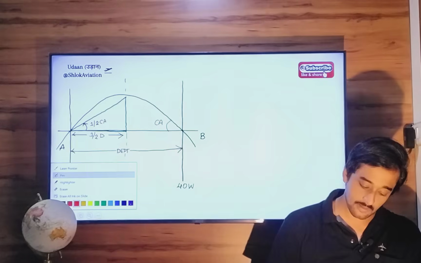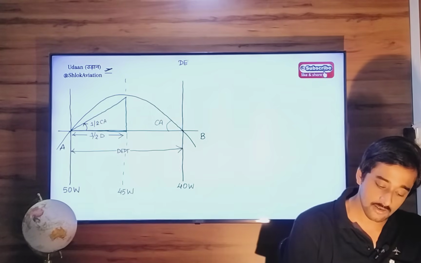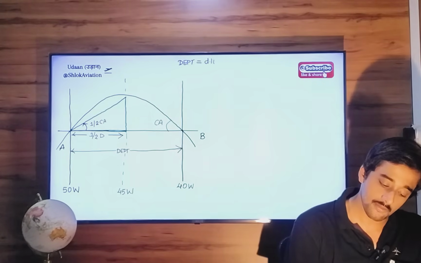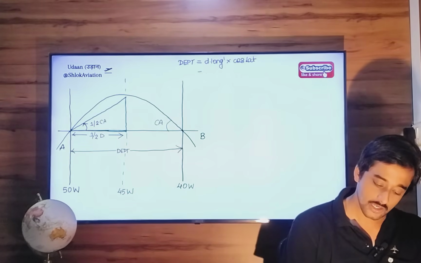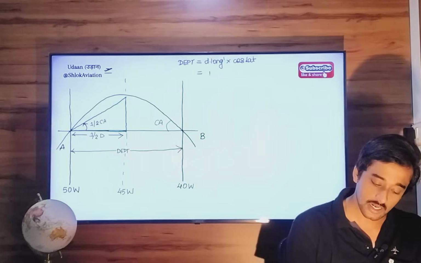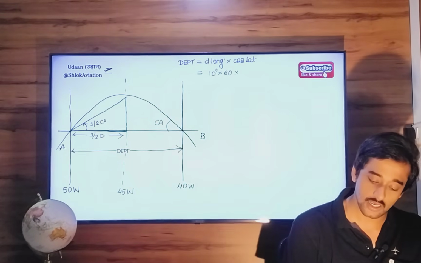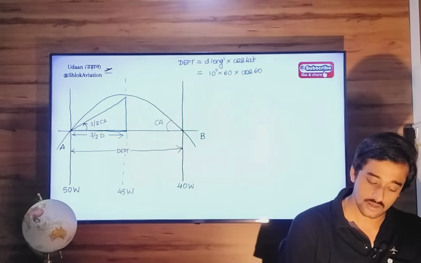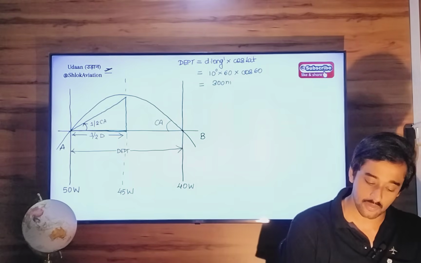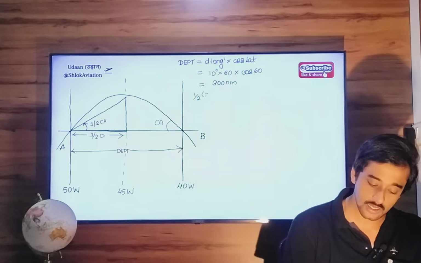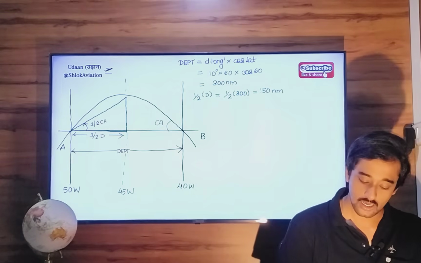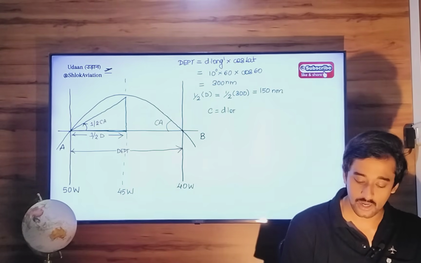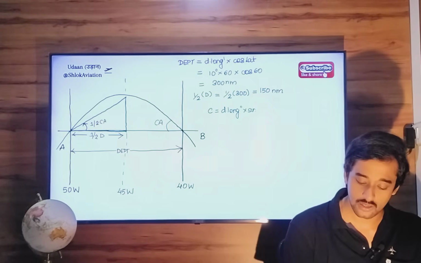Now step 1, find departure. Departure equals d long in minutes into cos of latitude. So d long is 10 degrees into 60 into cos 60, which is equal to 300 nautical miles. Half of departure will be 150 nautical miles. Convergency is d long in degrees into sine latitude.